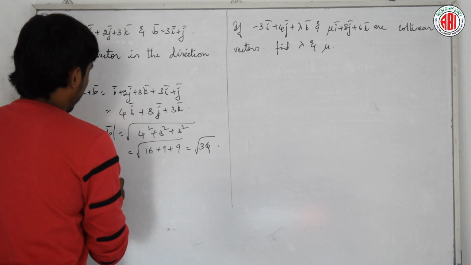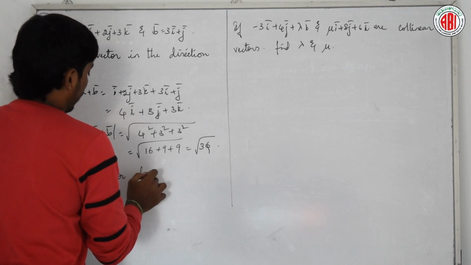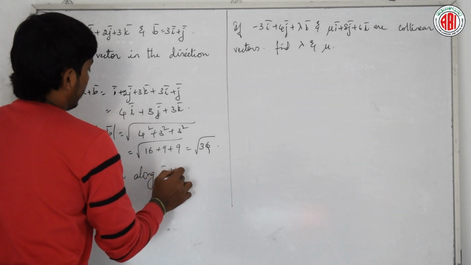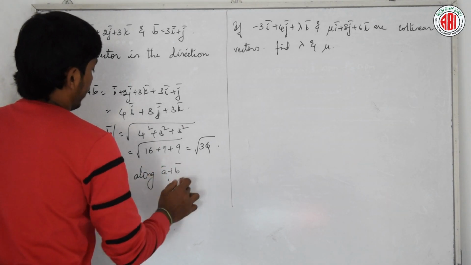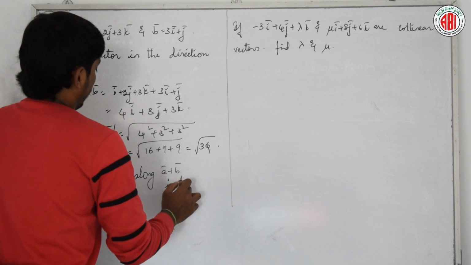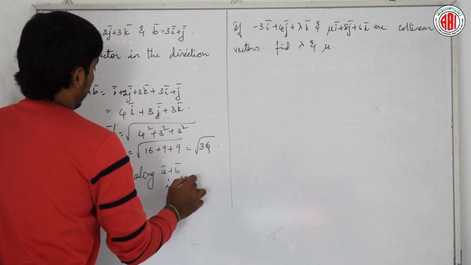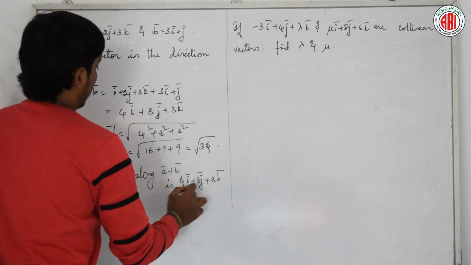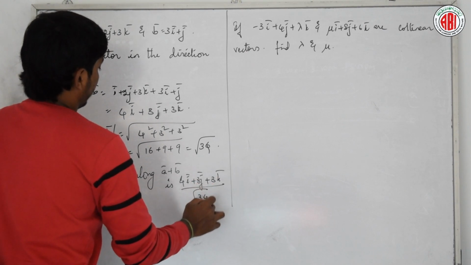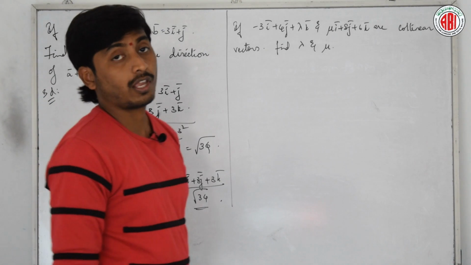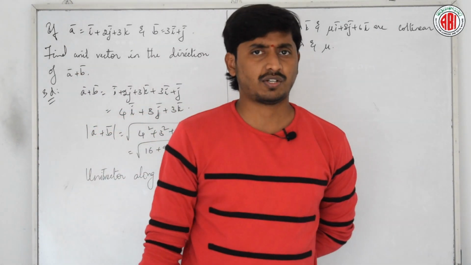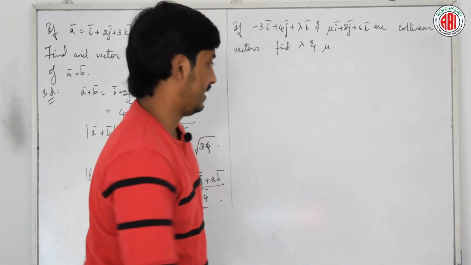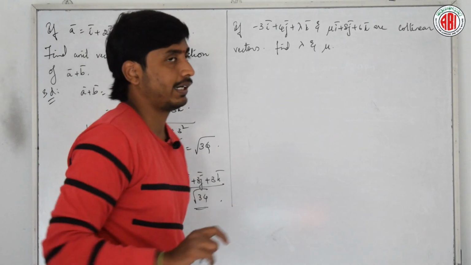So the unit vector along A plus B is, what is it? 4i plus 3j plus 3k by under root 34. Is there anything extra to remember? No, right? We just found the unit vector.